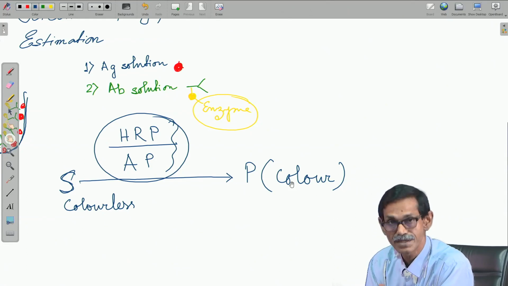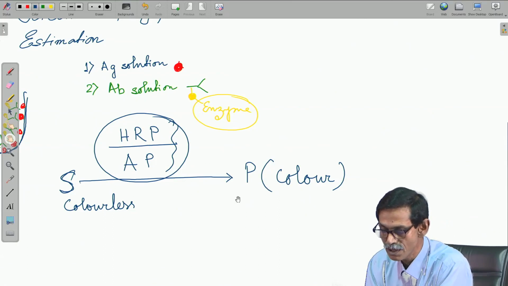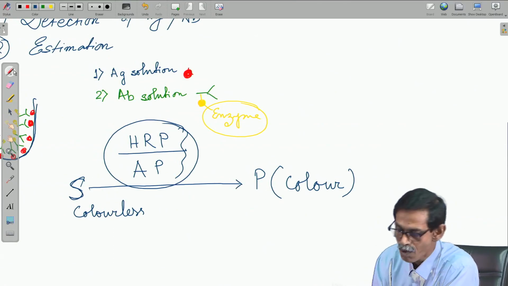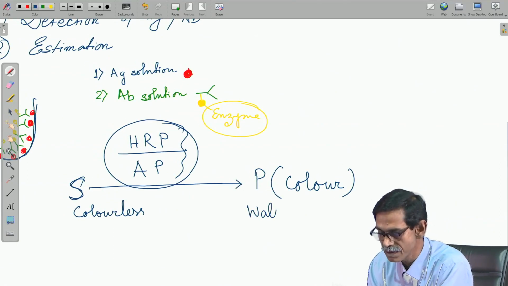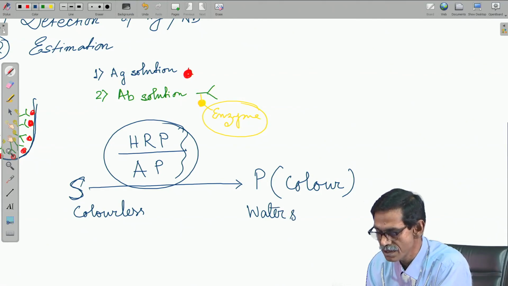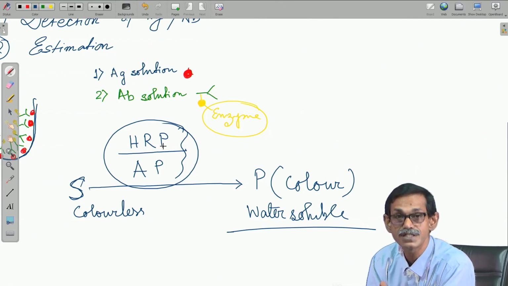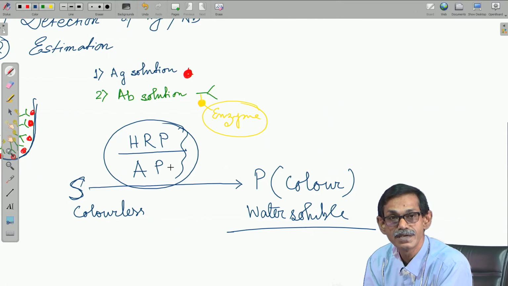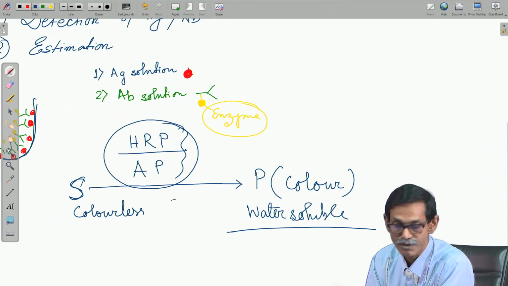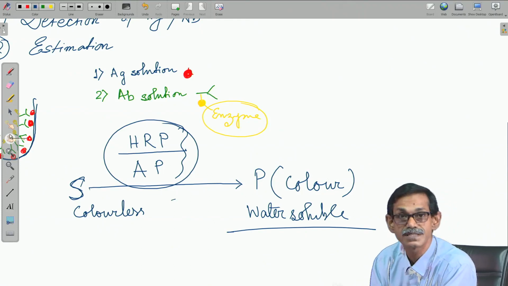Not only that, they have a product which is water soluble. So, that means they have a water soluble colored product. That is why these two enzymes are very stable at room temperature and can work with a colorless substrate and a colorful product. So, why is this important?